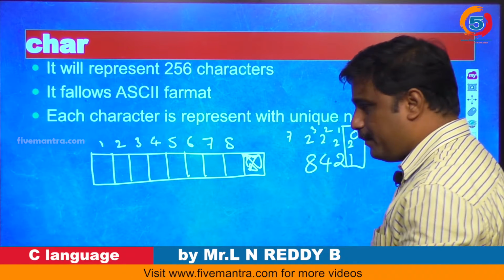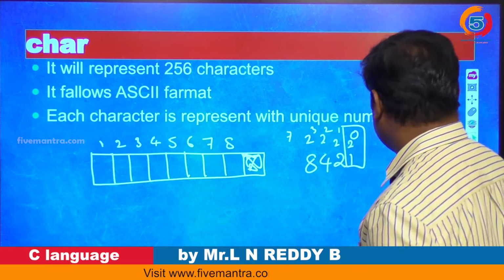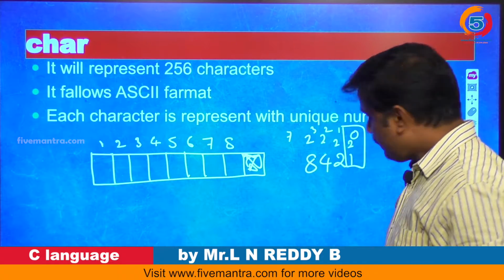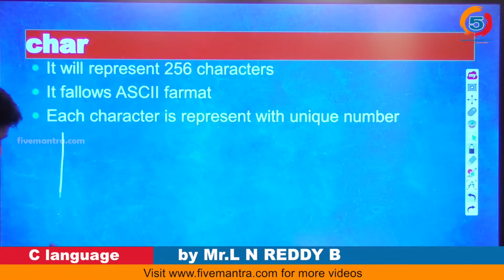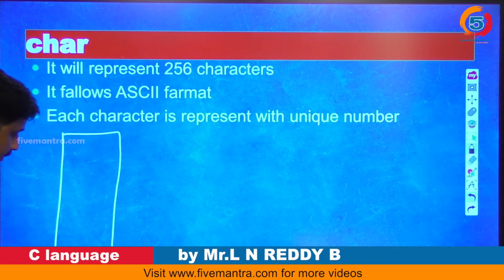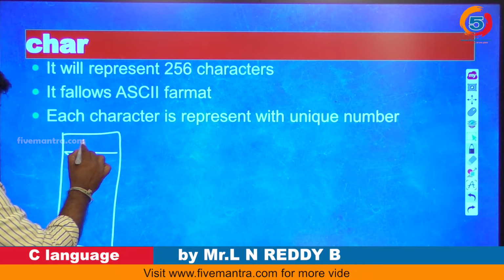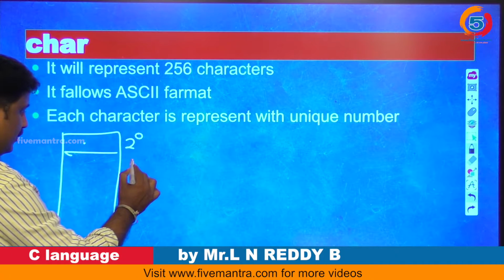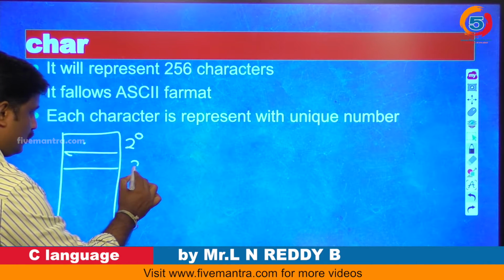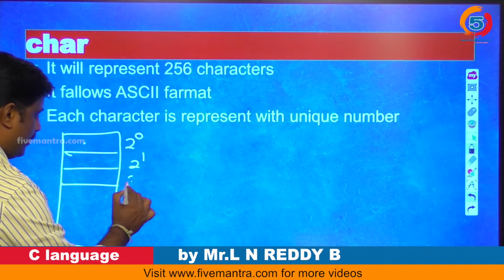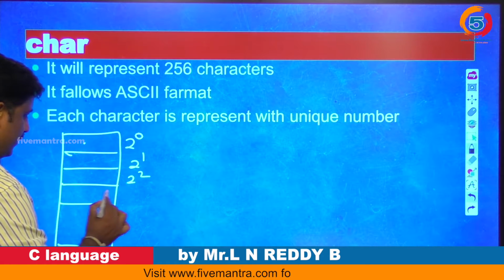If we discuss this concept elaborately, here you have 2 to the power of 0, next 2 to the power of 1, next 2 to the power of 2, next 2 to the power of 3.